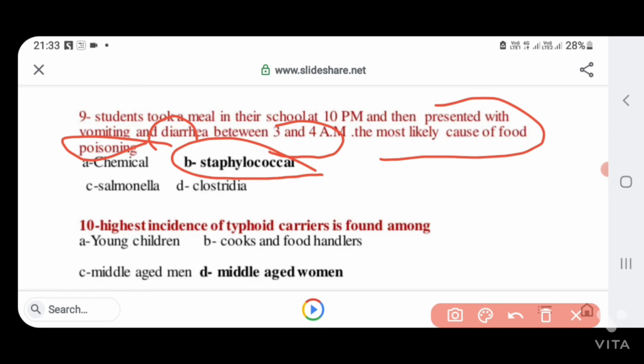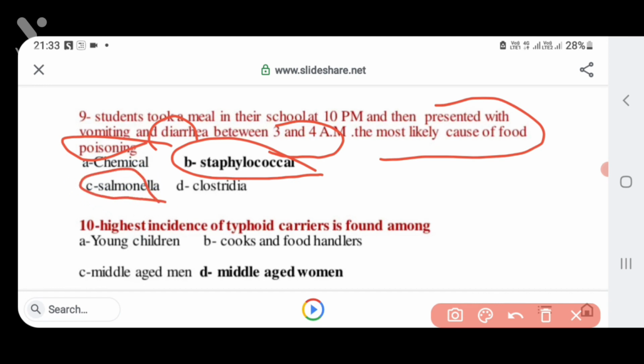But salmonella, if you take salmonella, it will take 8 to 42 hours to create the symptoms of diarrhea or any other kind of symptoms like vomiting, nausea, all these things. But staphylococcal will take just 3 to 4 hours to cause symptoms like diarrhea or nausea or vomiting. And Clostridium is related to neurotoxins, and it is not related to meals.